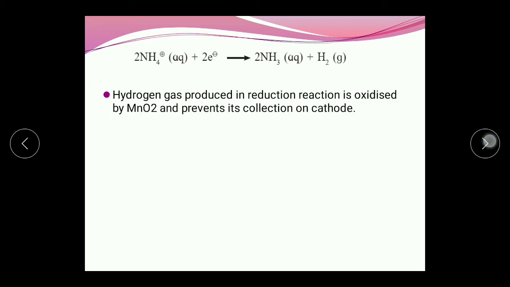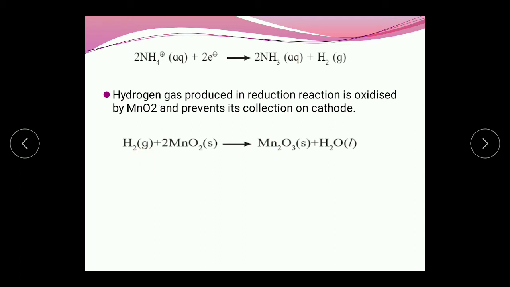Hence, the hydrogen gas produced in the reduction reaction is oxidized by MnO2, which prevents its collection on the cathode in gaseous form. So its collection is avoided, and for that only the paste of MnO2 and carbon is used. That MnO2 reacts with hydrogen gas and gives Mn2O3 plus H2O. Understood?